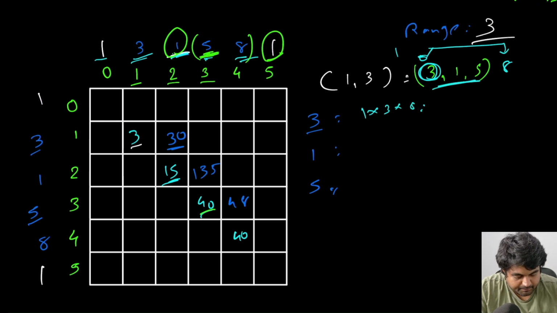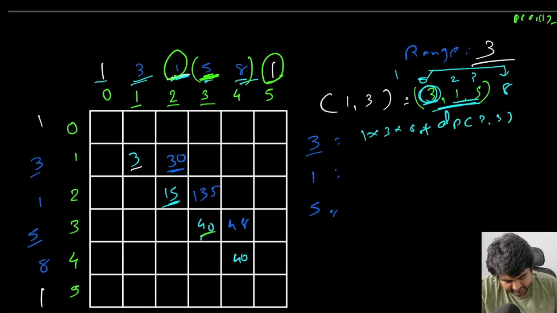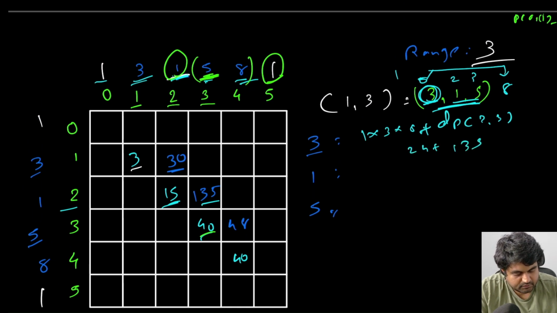Okay, plus now because this is the first value in the range that we are talking about, we would also need to do the dynamic programming of range between this value 2 and 3. So 2 and 3, we already have the answer, and that is 135. So this would become 135 plus 24. So the total is going to be 159.